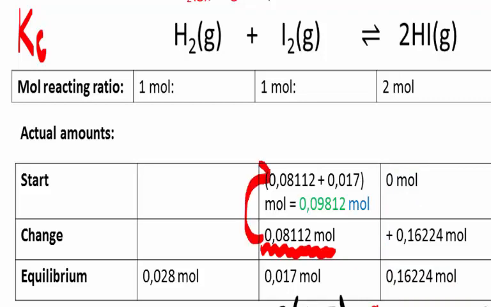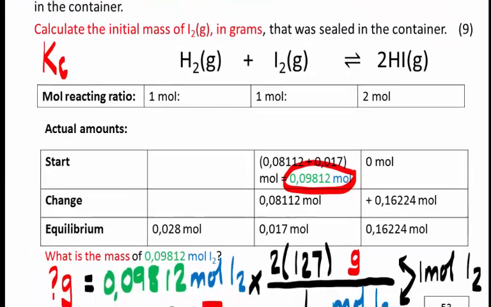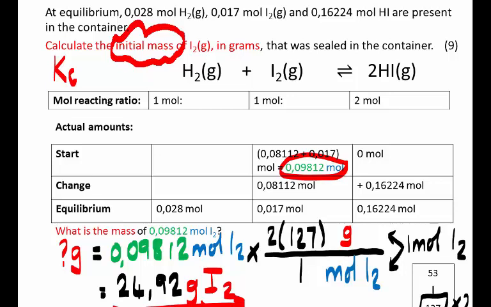And we know that all of that, plus everything that was still there at the end, was present initially. So if we add the two together, that tells us how much iodine there was at the start. But we remembered that that gives us the number of moles of iodine, but we were actually asked the mass of iodine. So we simply had to convert that number of moles into grams, which is what we did now in this last step.